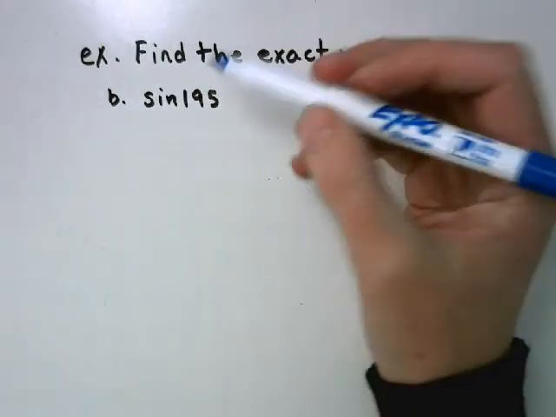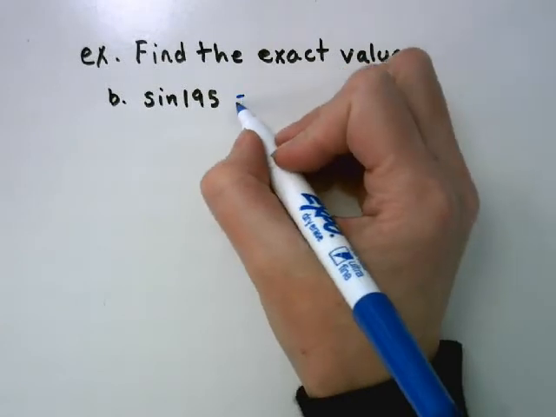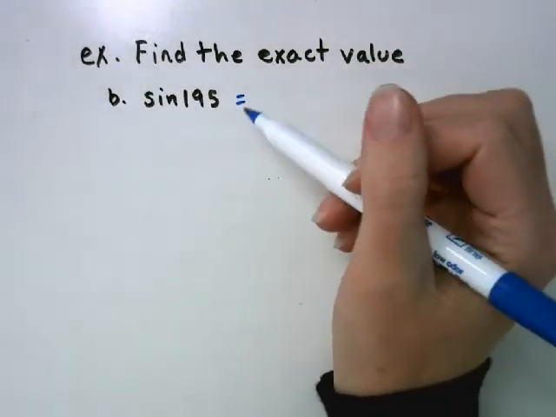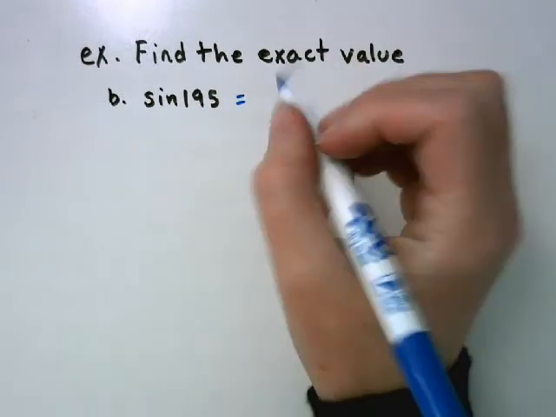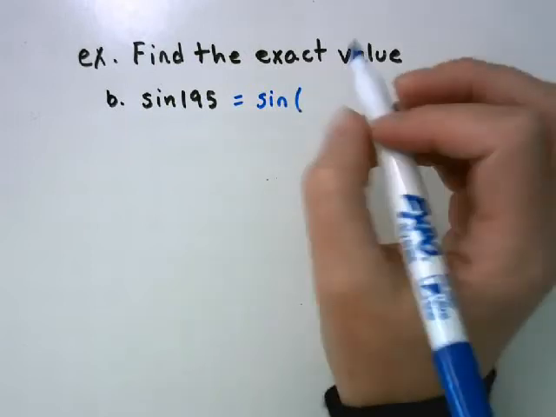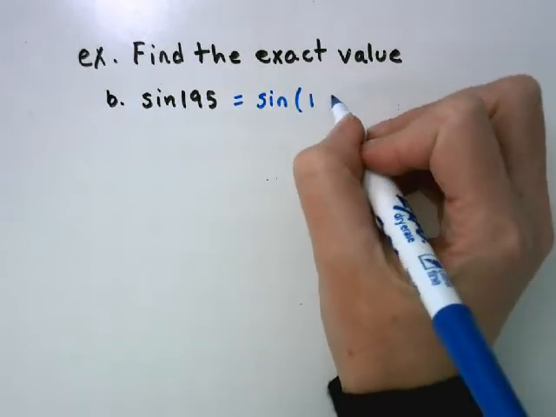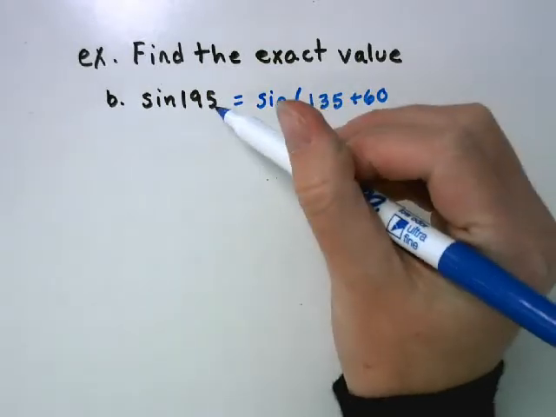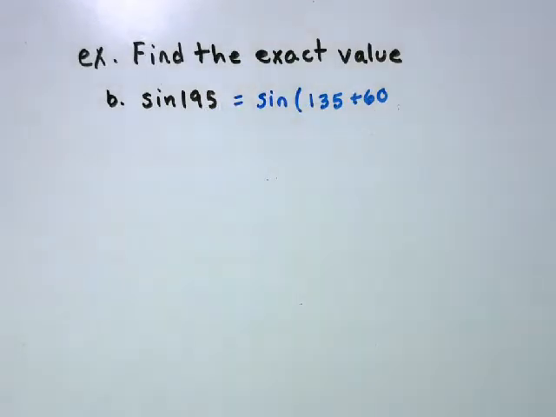We're going to do the same thing with sine 195. Now there are a lot of different correct things that you could add or subtract to get 195. I see 135 and 60. You could do 45 and 150.